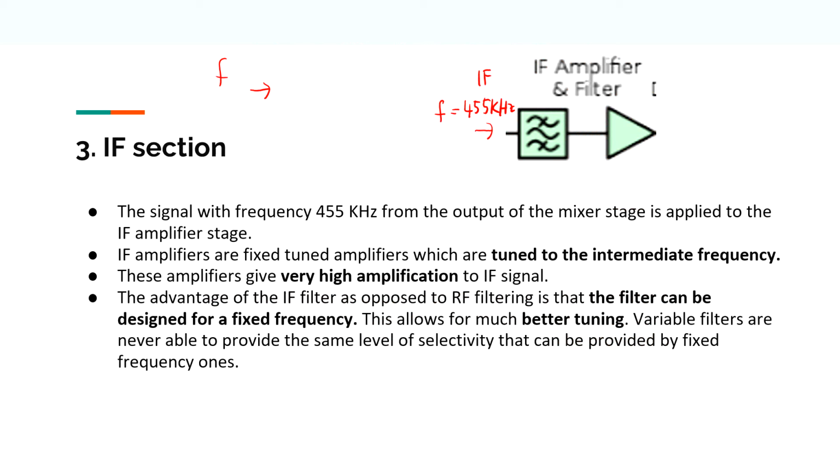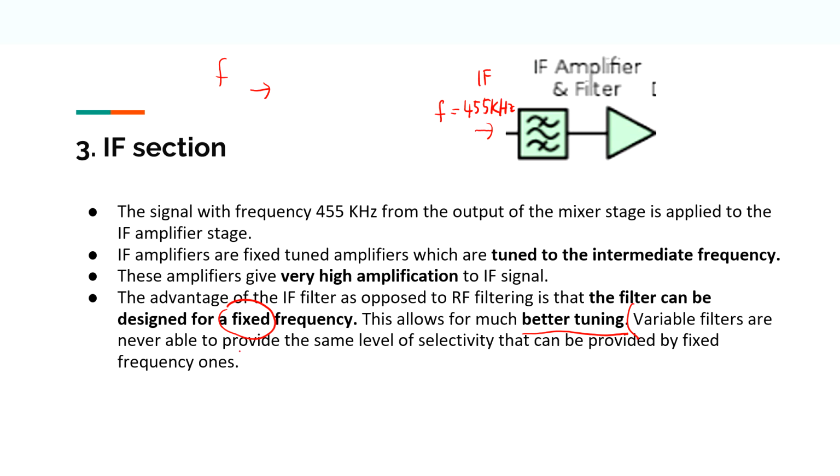But for the filter in the IF section, the filter is fixed, designed for a frequency with a band pass of 455 kilohertz. So this allows for much better tuning. Variable filters are never able to provide the same level of selectivity that can be provided by a fixed frequency one.